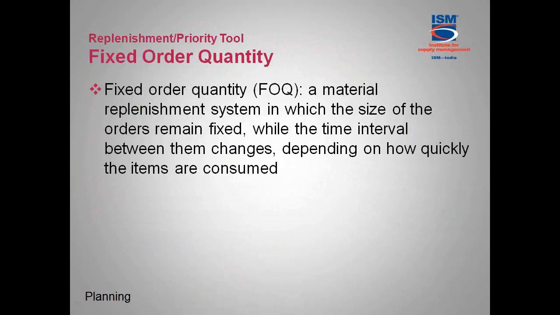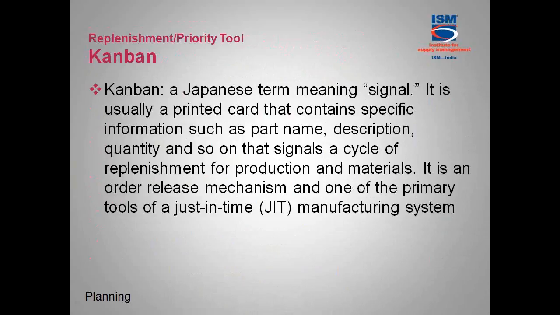Then another system is called Kanban. It is a Japanese term used for signal. Usually Kanban is a printed card that contains specific information such as part number, name, description, quantity, and so on.